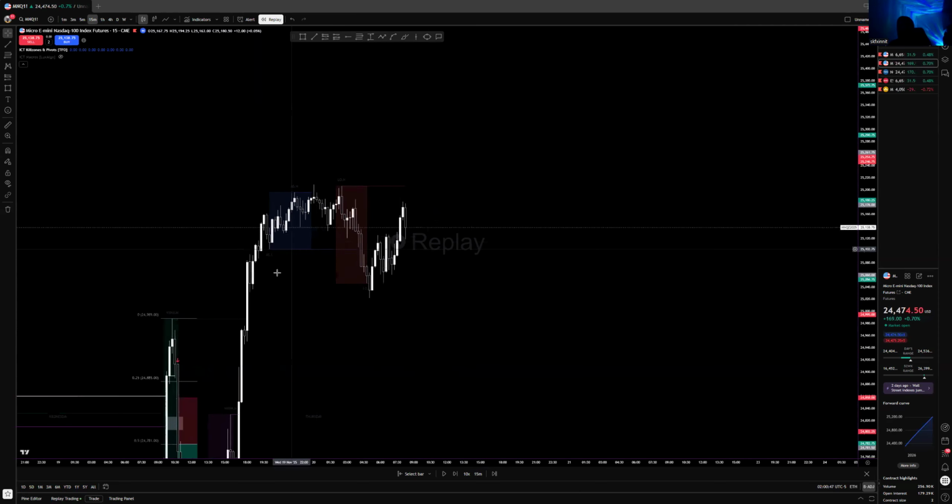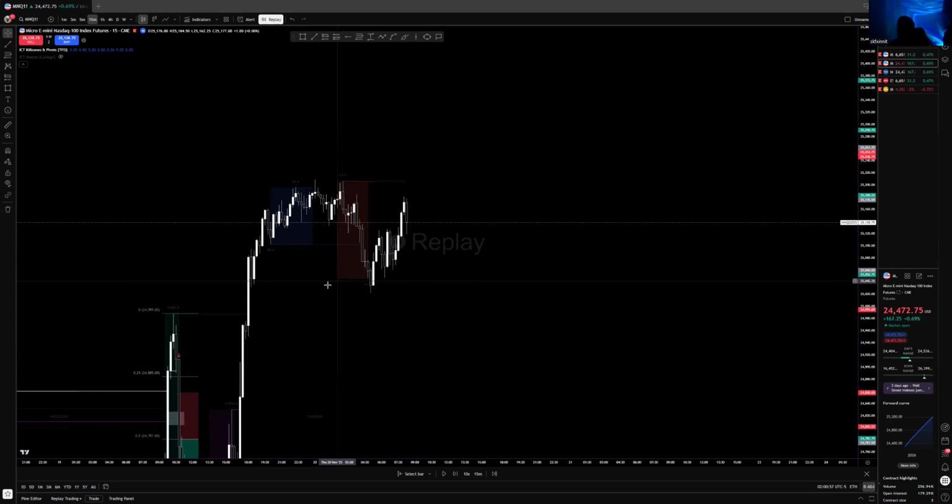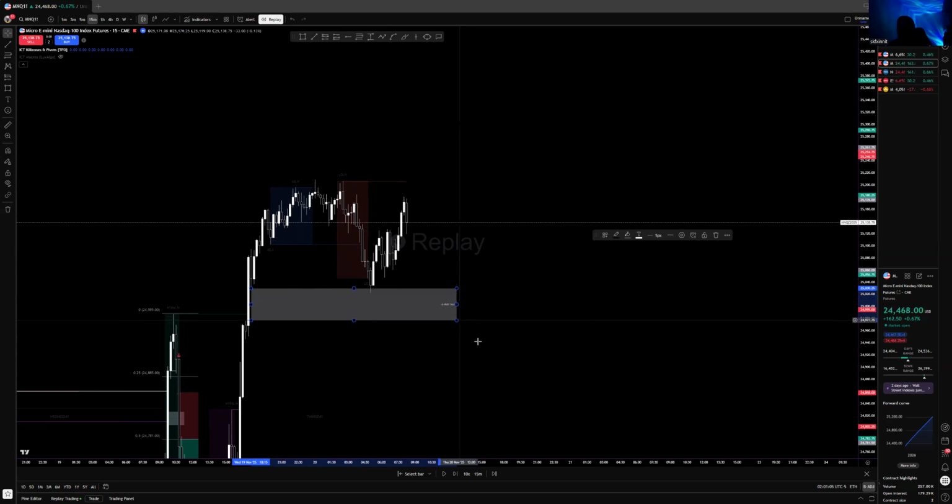So we have a 15-minute fair value gap. We have a bigger structure. Asian low has been swept. Asian high is still protected. London high is still protected. So we have the London low left inside of a 15-minute fair value gap. So that has to be kept in mind.